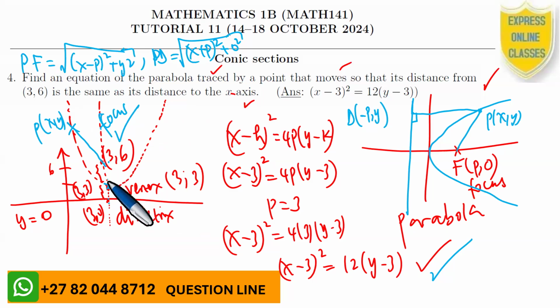So if it's here, the distance from the focus is the same as this distance. So E is the midpoint. As a consequence, the distance from P to F is the same as the distance to the directrix. So we then say PF is equal to PD.